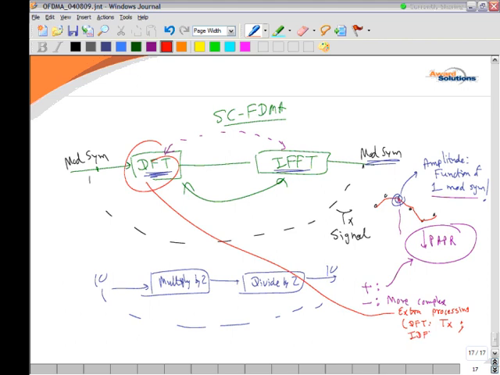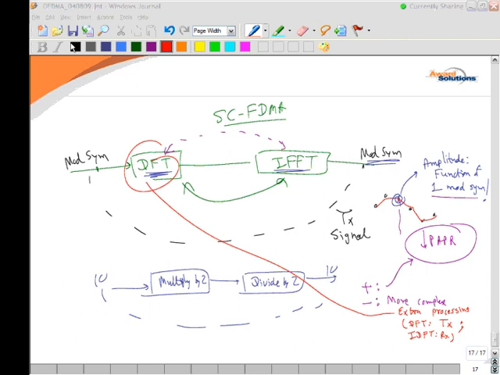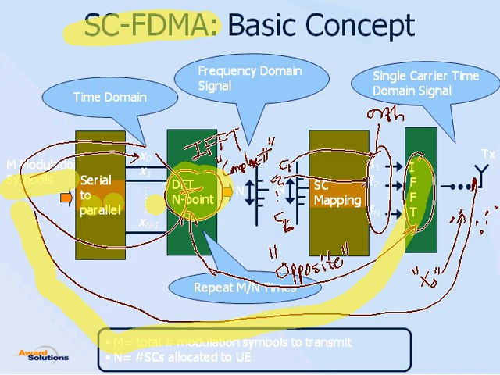And at the receiver, we need to do the opposite processing. So it will make the system more complex. That is the main advantage and disadvantage of SC-FDMA. But the advantage is, of course, reduced peak to average power ratio. That's why we have chosen to use that for our uplink in LTE.